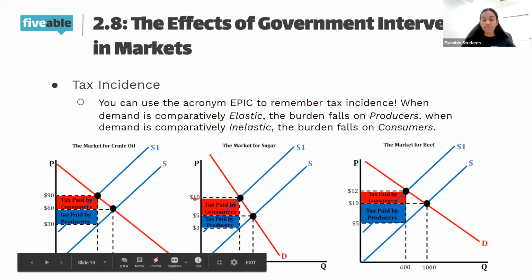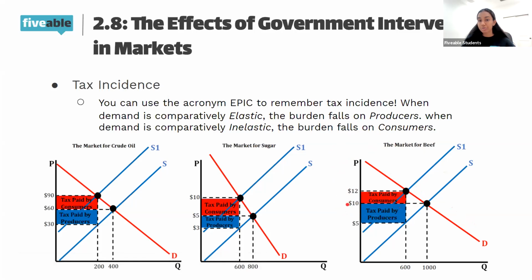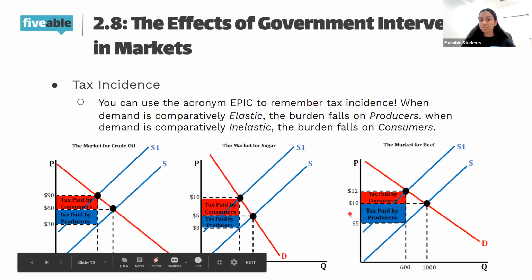That means that consumers are paying $5 in the per unit tax and producers are only paying $2 of that tax. And for when demand is relatively more elastic than supply, consumers are paying less than producers. So in this case, consumers are only paying $2 of that tax and producers are paying $5 of that tax.